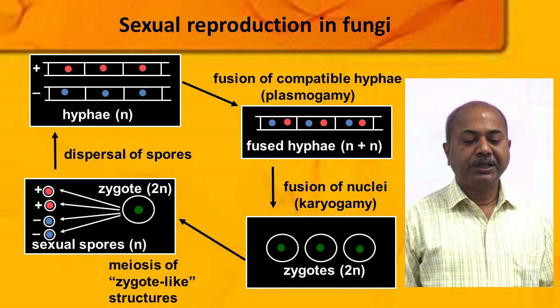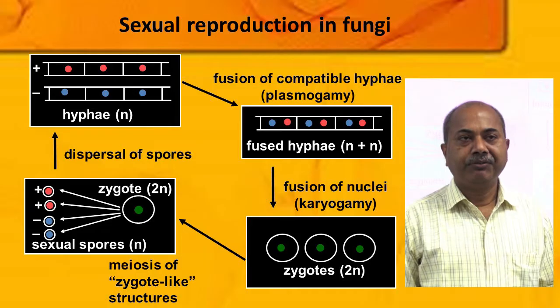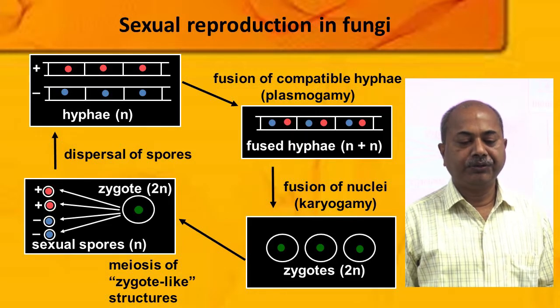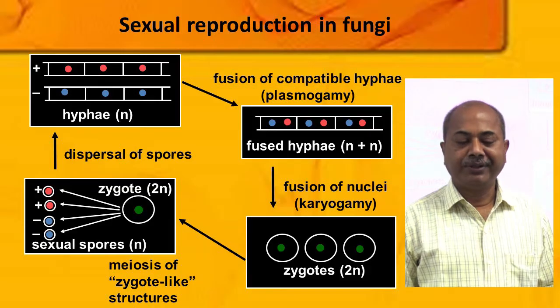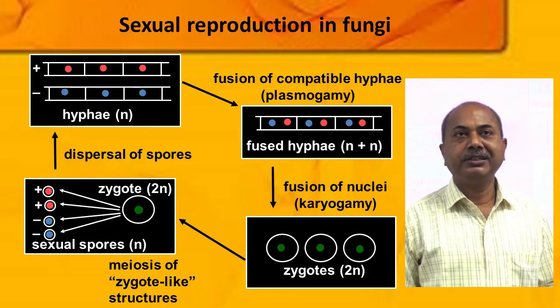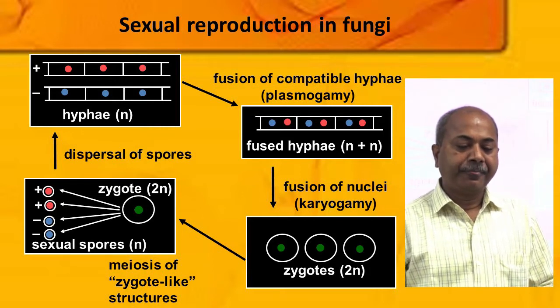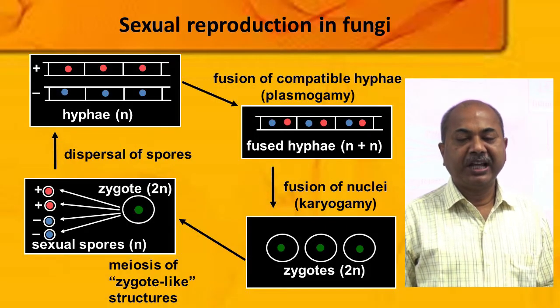In plasmogamy, the contents of the two cells fuse, and the two compatible nuclei come together in the fused hyphae, and the n plus n condition will appear, and this stage is known as the dikaryon.